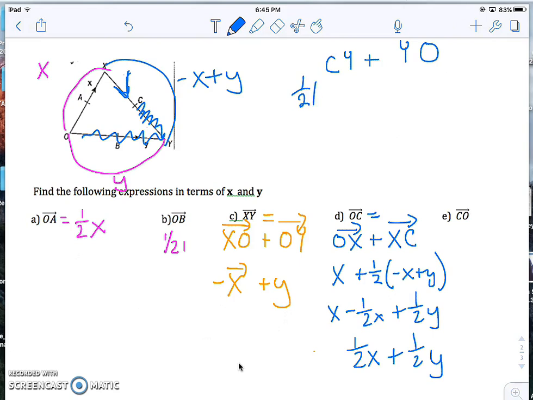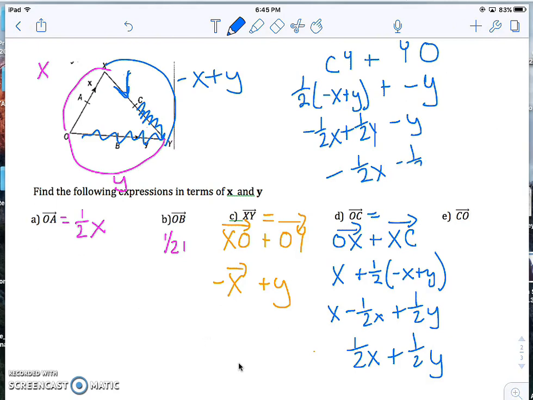So half of negative X plus Y. Plus Y to O is the Y vector, but we are going against it, so the opposite of Y. So we have negative half X plus half Y minus Y. So this would be negative half X minus half Y.